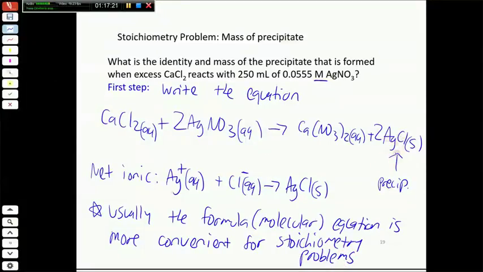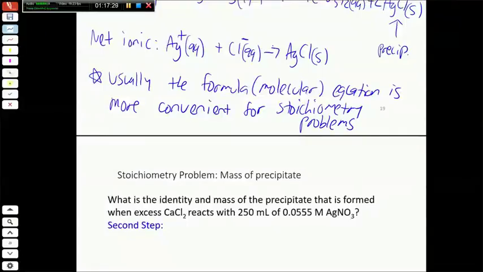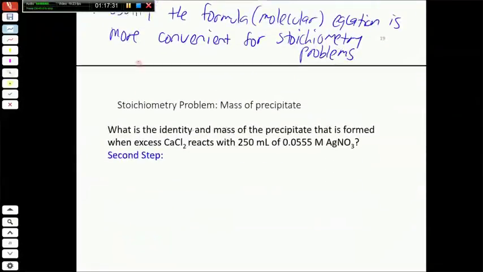Okay, but this is our balanced chemical equation. We've identified the precipitate, which is AgCl. And so then the next step to solve this problem, which is the last thing we'll end with today, is just determine the mass of AgCl that forms.